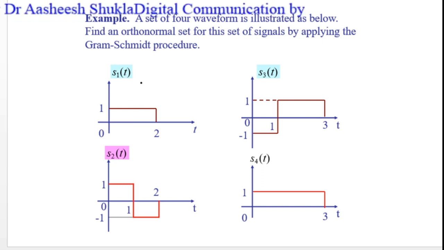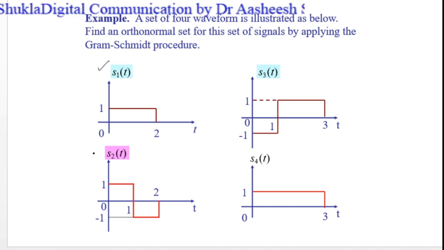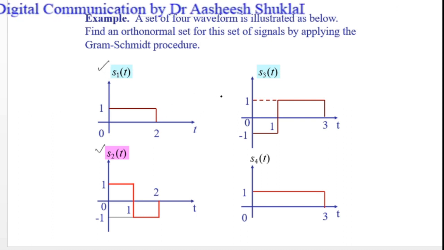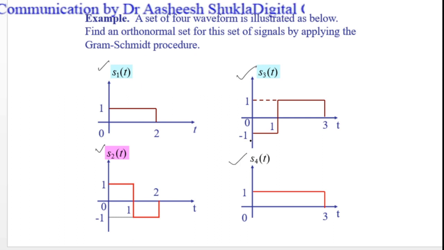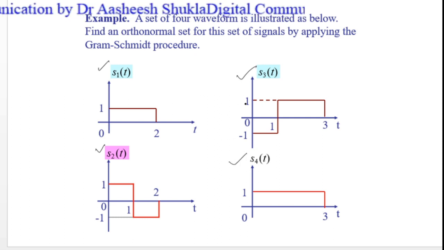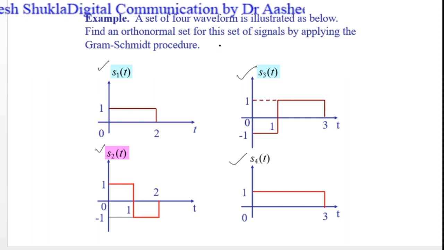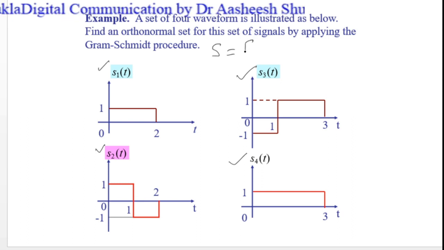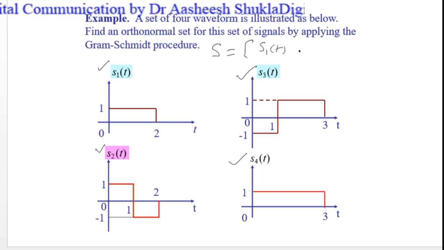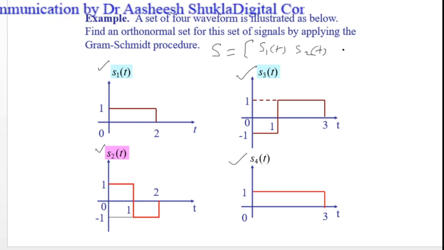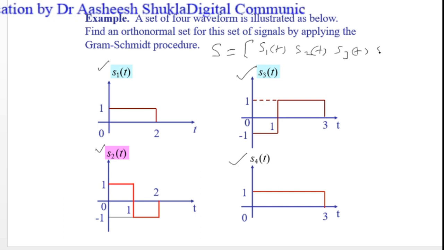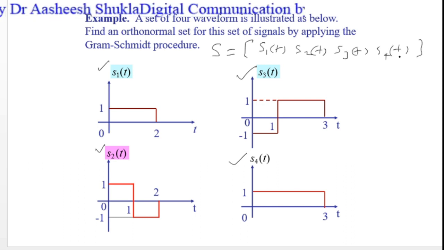These are the four waveforms: S1(t), S2(t), S3(t) and S4(t). These four waveforms are given to us. So we can say that a vector set, that is S, is given to us: S1(t), S2(t), S3(t) and S4(t), right?